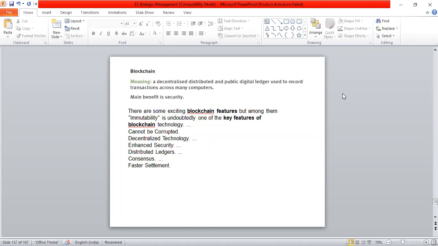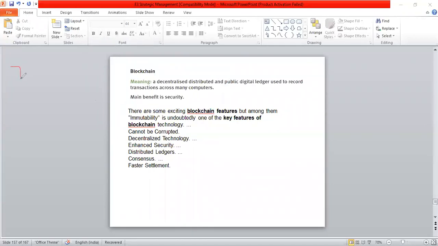A chain is a sequence of interlinked things. What is in the form of a chain? Blocks are in the form of a chain. So that is blockchain.